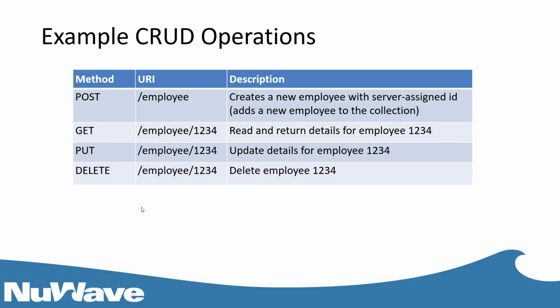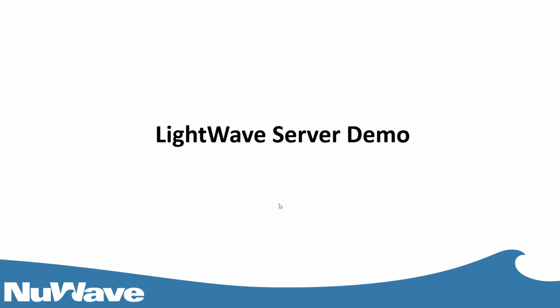Once you've got URIs determined, you can then add in the HTTP method to allow you to build CRUD operations, CRUD being short for create, read, update, and delete. So for instance, an HTTP POST against the URI /employee may create a new employee with a server assigned ID. An HTTP PUT may update the details for employee number 1234, and so on.